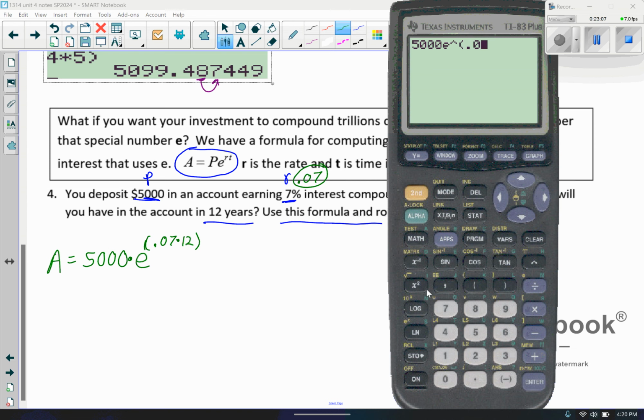So let's see, 0.07 and then times 12 and then close it. And I'm ready to go. And so, yep, it's worth about $11,581. So more than doubled, which is good.